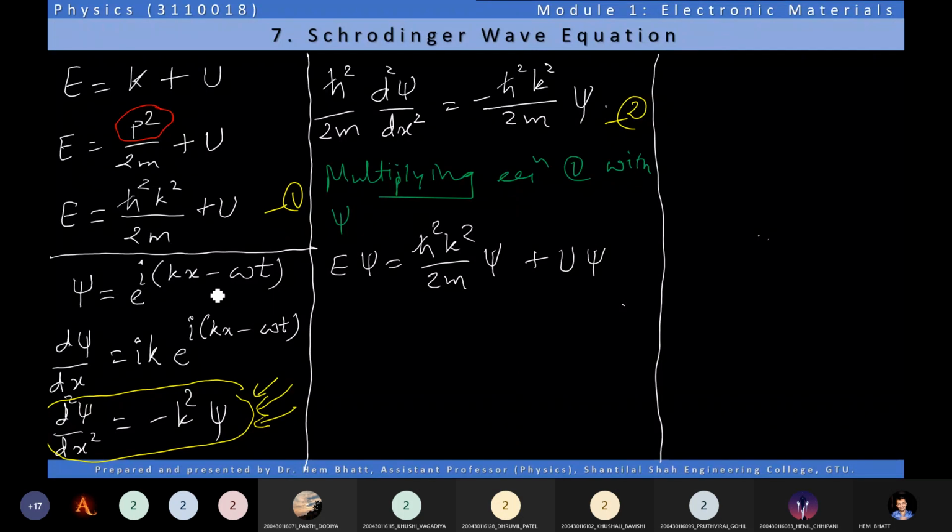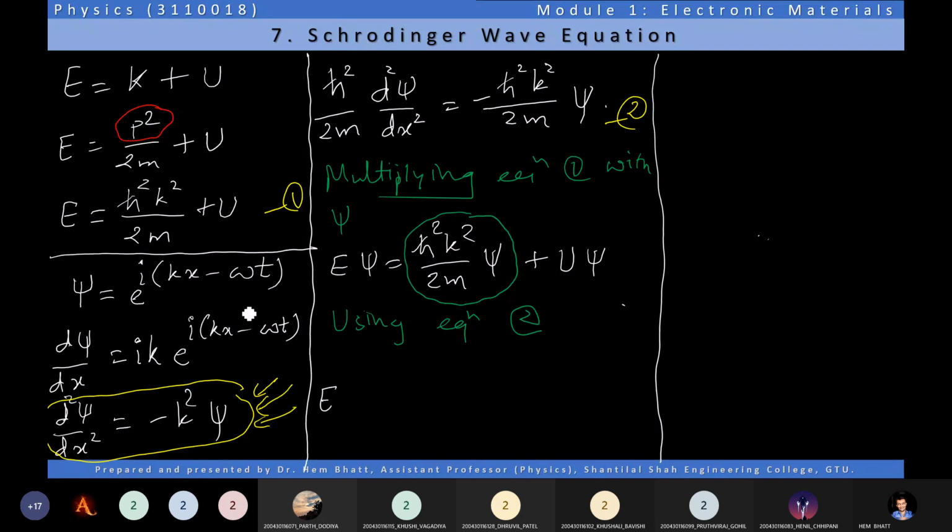Now if I use the second equation in this, I have this value available from equation 2. So what should I write?